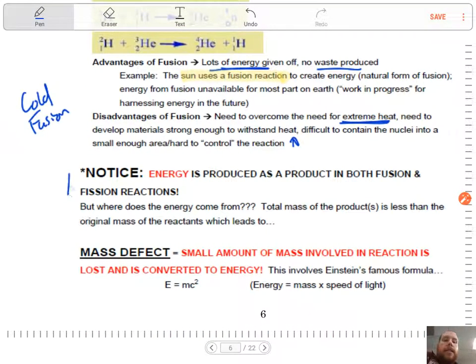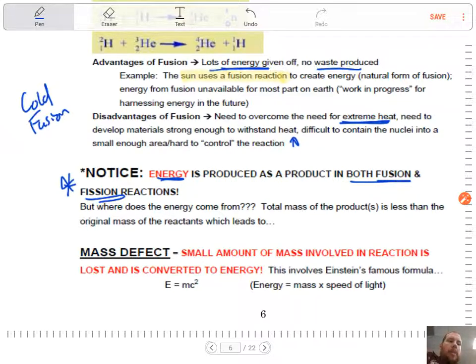Notice, guys, this is a big thing. With both fusion and fission, energy is produced. So both of them, they're different. Fission is splitting, fusion is coming together, but energy is produced with both of them, all the time. Now, where's the energy coming from?